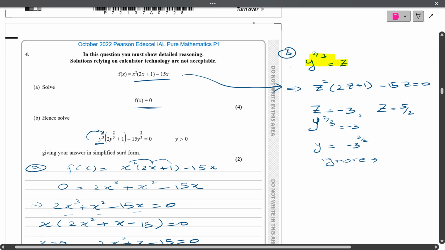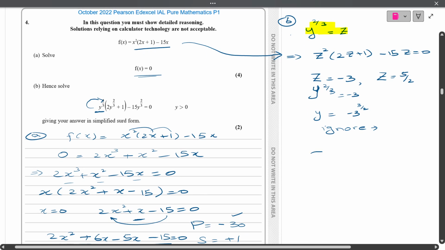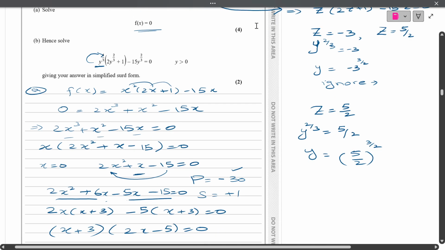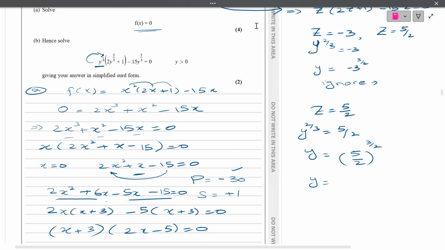Okay, and let's look at the next value. So next is z equals 5/2, so y raised to power 2/3 equals 5/2. Let's find y by taking the inverse operation. The inverse of 2/3 is 3/2. This means y equals 5/2 raised to power 3/2.